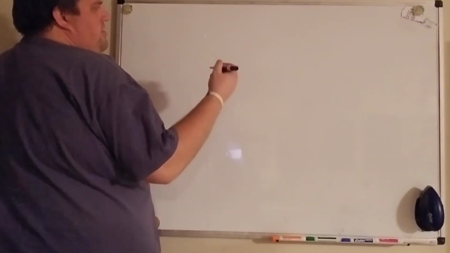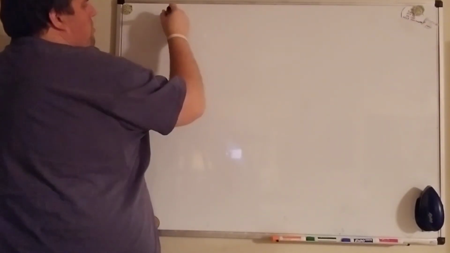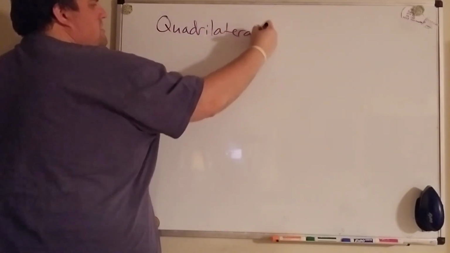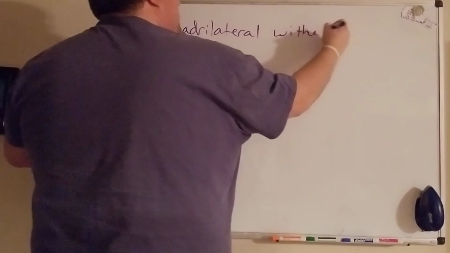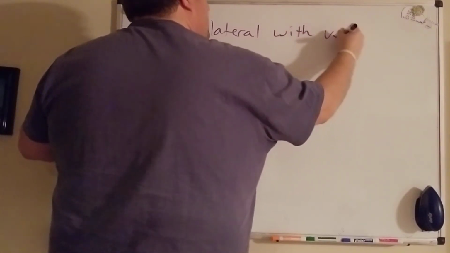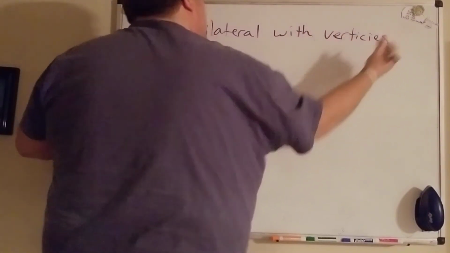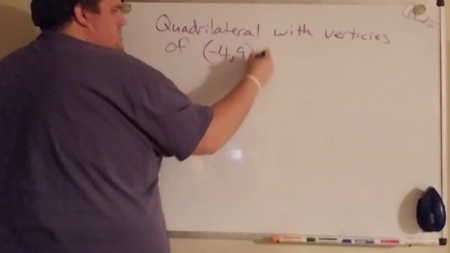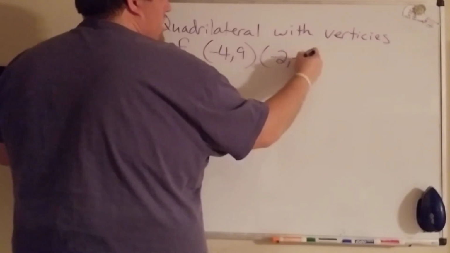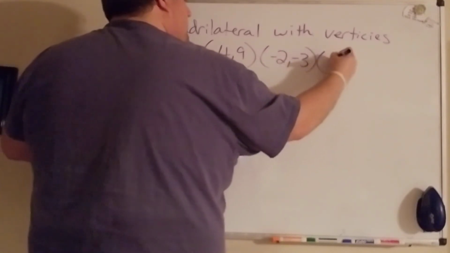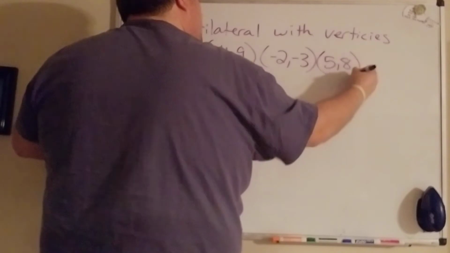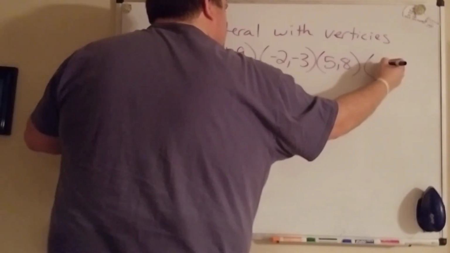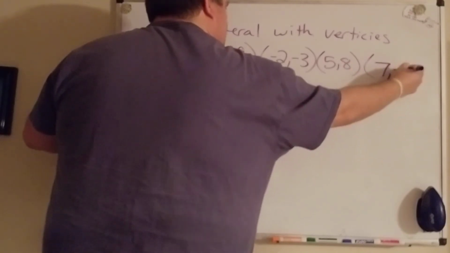Let's say I told you that we had a quadrilateral with vertices of -4, 9, -2, -3, 5, 8, and 7, -11.